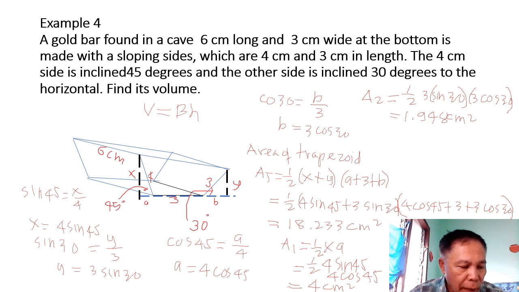So the area of the base, the net area, equals 18.23 minus 4 minus 1.948.